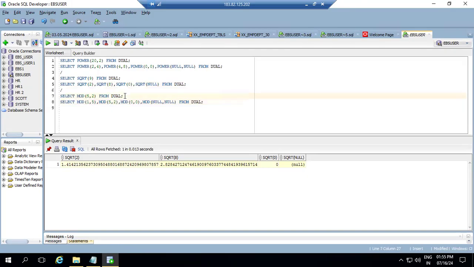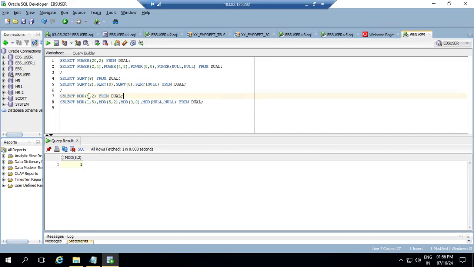We should divide 5 by 2 first, right? What happens here? You're receiving one remainder. In case you're getting a remainder, when you're getting one remainder, we will consider it as an odd number.